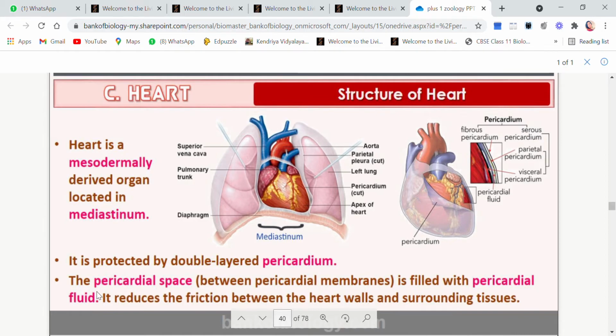Now again, I must tell you this, that whenever two surfaces are very close to each other, and because heart is always beating, there could be a force called friction which may arise between the two layers.